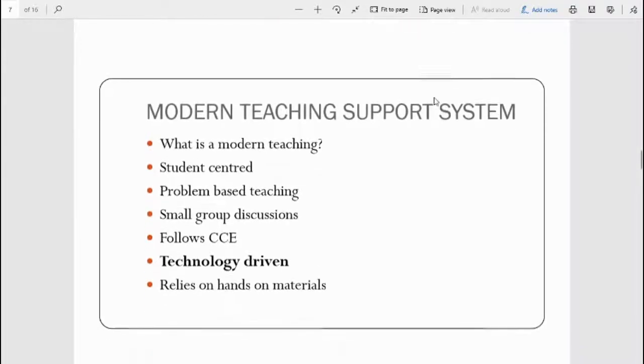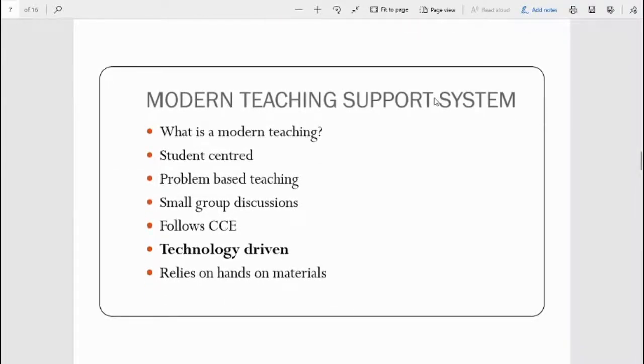And the next is the modern teaching support system. So what is modern teaching? It is basically student centered, unlike the traditional one which was teacher centered. The teaching is based on learning skills, how to solve problems. It has a small group discussion method. Because of this discussion method, learners can participate very well.